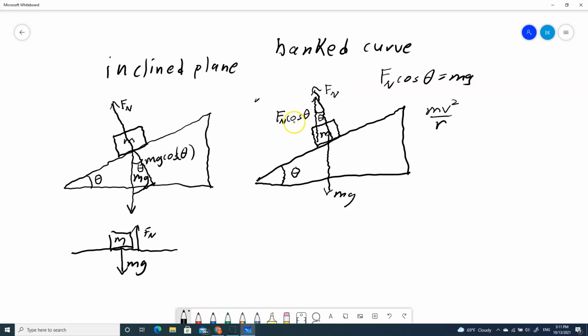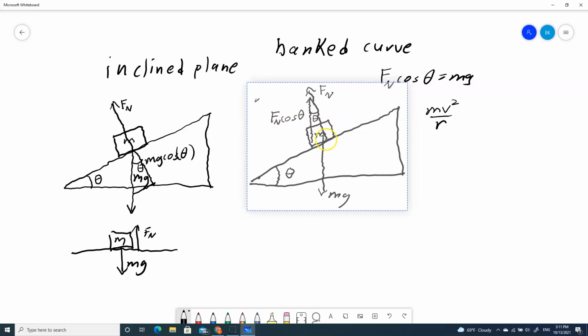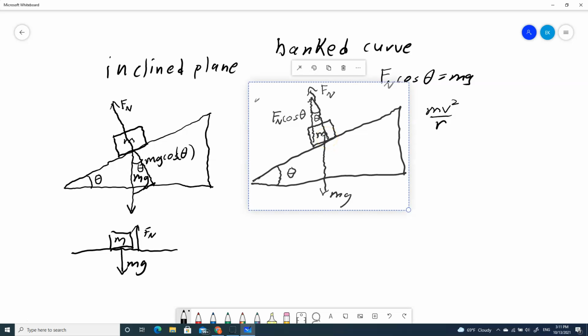Since it has an F_N cosine theta, it also has an interesting component right here. I'm going to draw it right here. There it is. That is going to be F_N sine theta, because remember it's opposite to the angle.